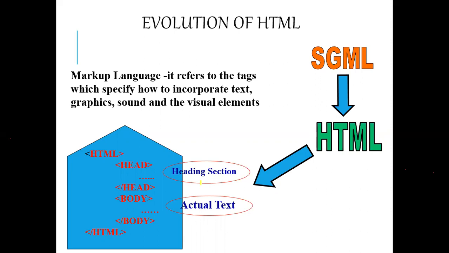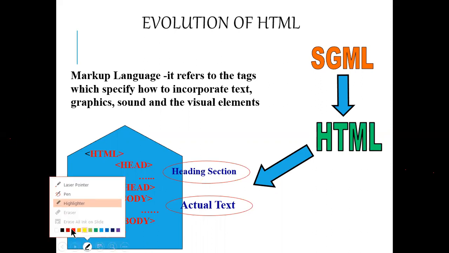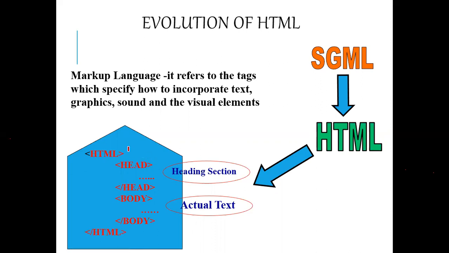For example, if you look at the screen, there is one small example, a head section. This is a tag: we write the less than symbol, give some tag name, and then place the greater than symbol. The information is enclosed between the less than and greater than. This is called a tag.